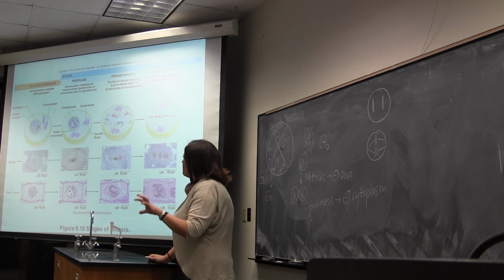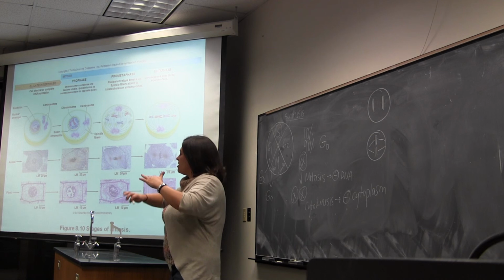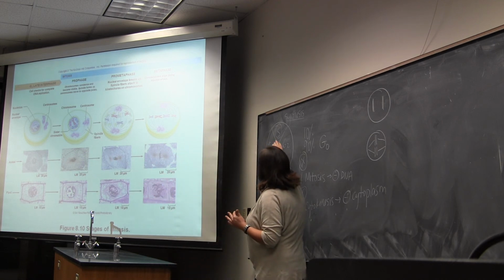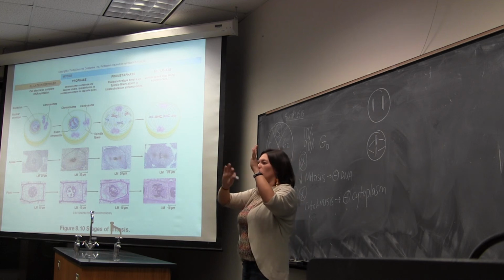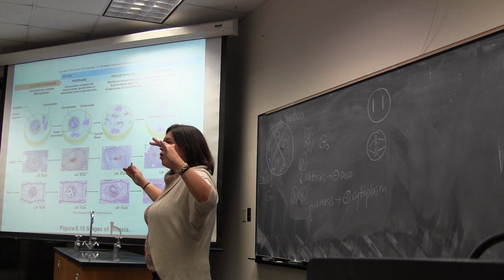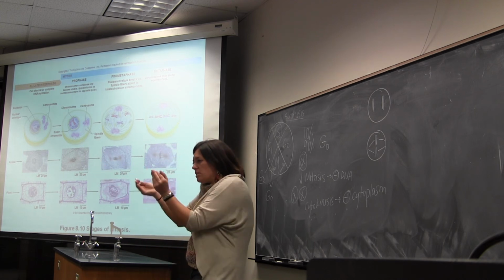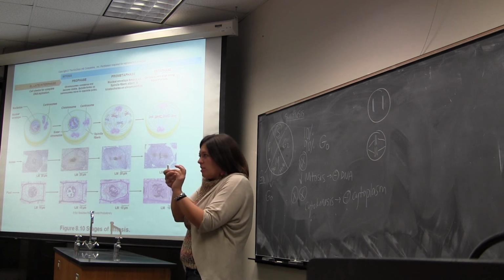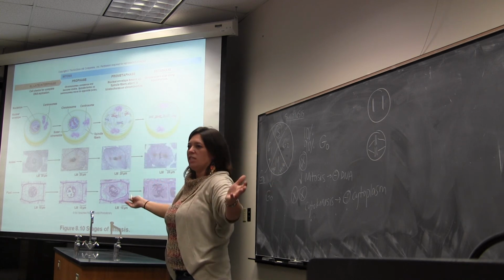And so one of the first things that's going to happen is, because before this cell goes into mitosis, it's still all kind of loosey-goosey. It's not very condensed. It's just kind of all over the place. So in mitosis, because we're moving around these pieces of DNA, it makes sense to move them in smaller packages than trying to move this whole big amorphous blob of DNA.